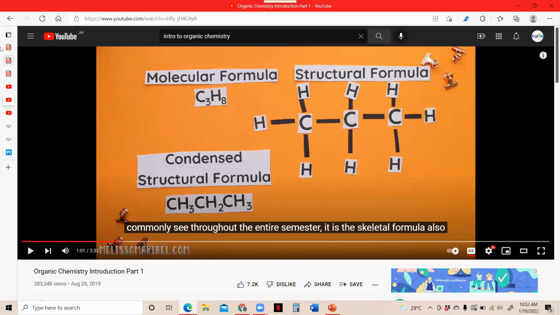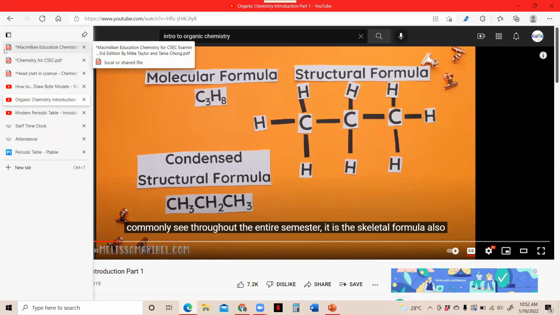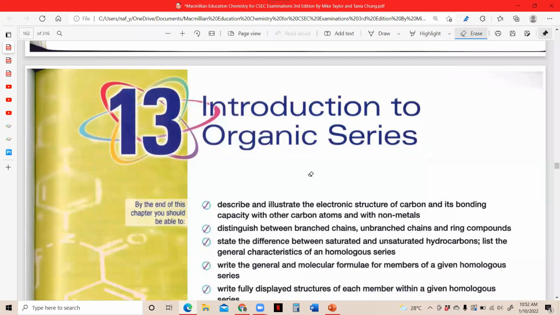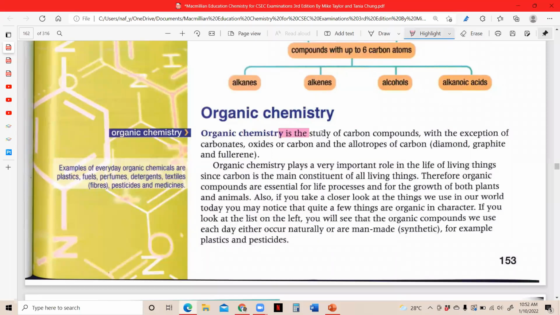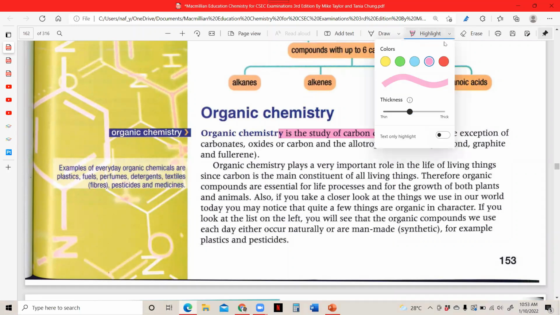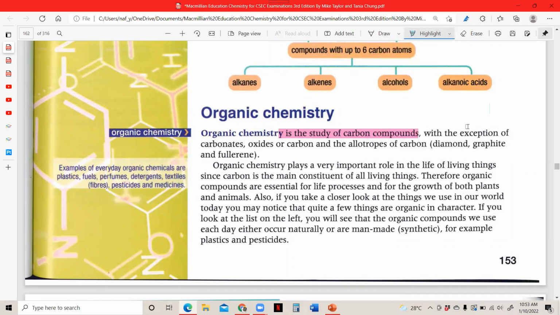We're also going to look at something called a condensed formula. But let's take it from the tippy top, all right? And look at what this whole thing about organic chemistry is. Organic chem, ladies, we're studying carbon compounds. That's the main thing. You're going to talk a lot about carbon. Now, the exceptions, we always have exceptions, is that we're not going to look at the carbonates or the oxides of carbon.